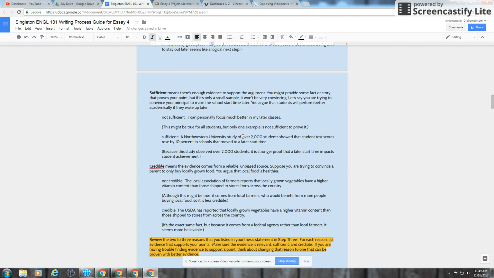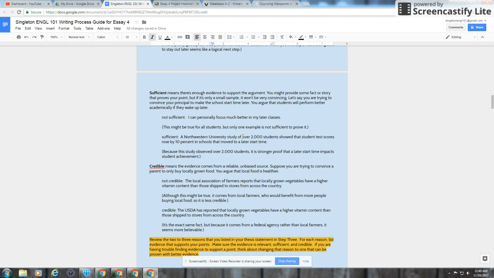But if you said a Northwestern study of over 2,000 students showed that student test scores rose by 10% because the schools moved to a later start time, then that's more sufficient evidence because you're not just focusing on just your case, but the case of over 2,000 students.